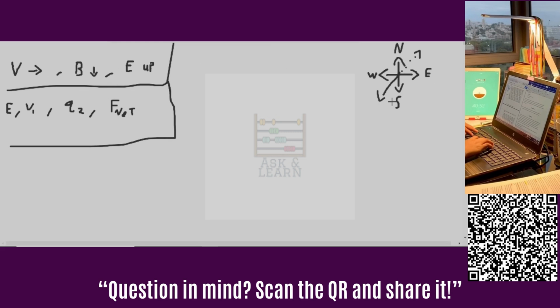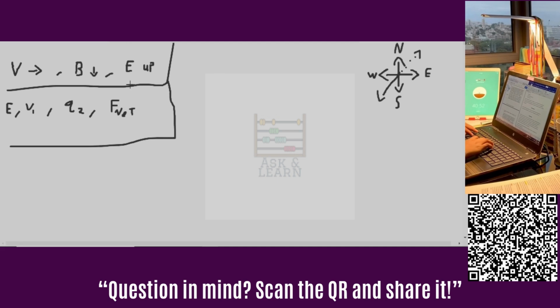So you want to point your thumb in that direction, to the right. Your thumb's pointing to your right. You want to point your index finger in the direction of the magnetic field, which is south, which means you have to tilt your right hand up so that your pointer finger is pointing directly at yourself. And then your middle finger points down, which is the direction of the force, which makes sense.